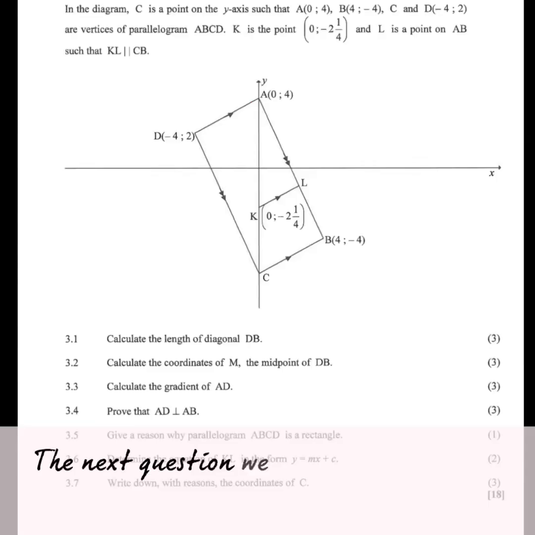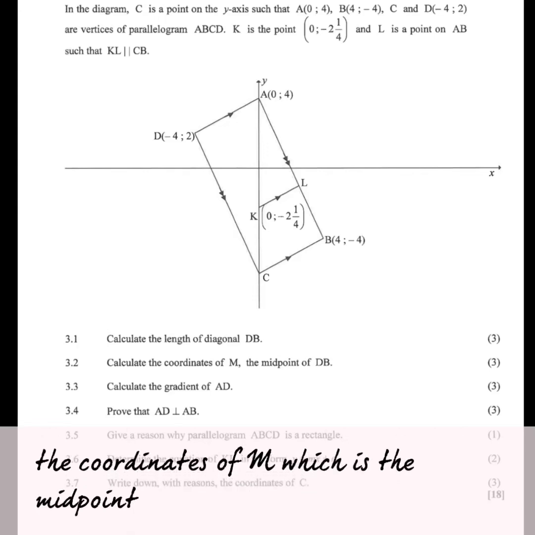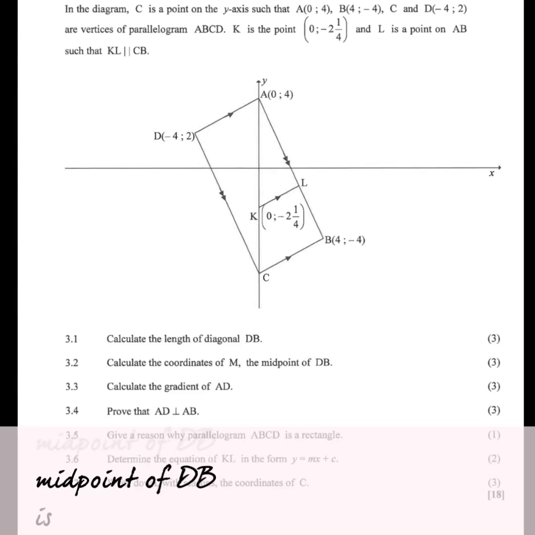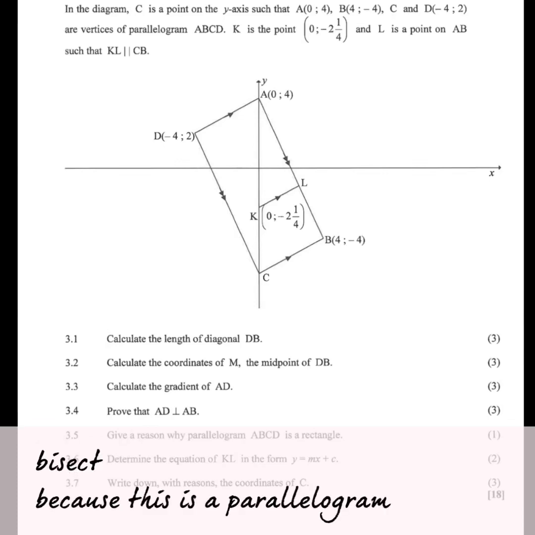The next question, we need to calculate the coordinates of M, which is the midpoint of DB. Midpoint of DB is also where the diagonals bisect, because this is a parallelogram.